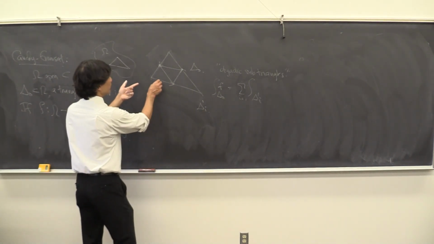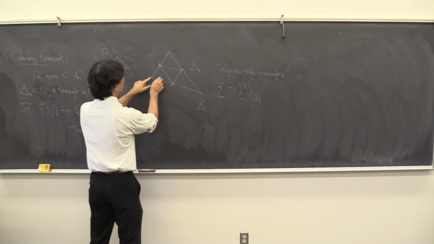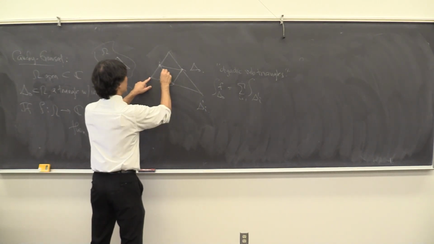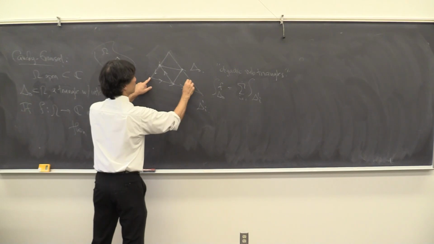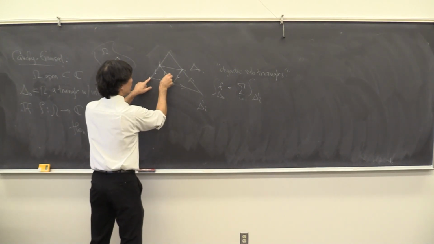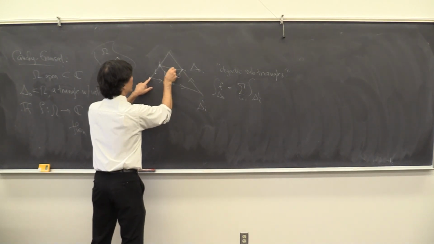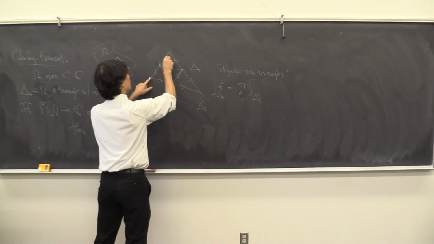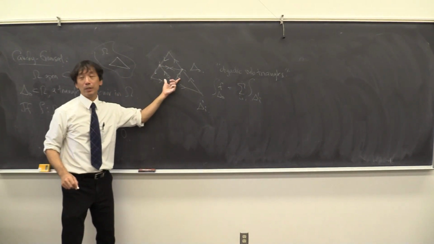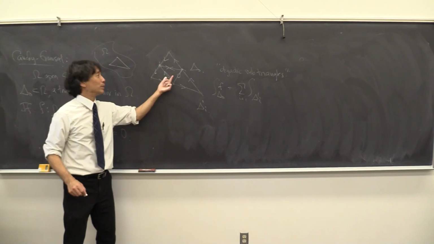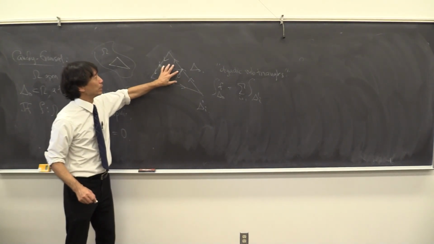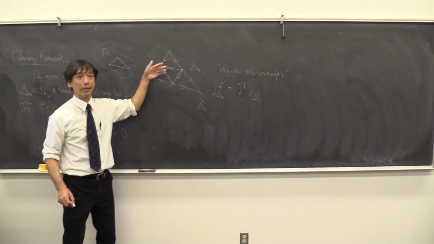Because when you go over the little ones, you get this, and this, and this, and then these cancel out because you're going in opposite directions. So these integrals negate each other.